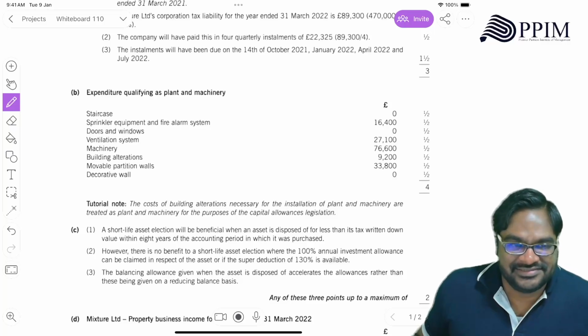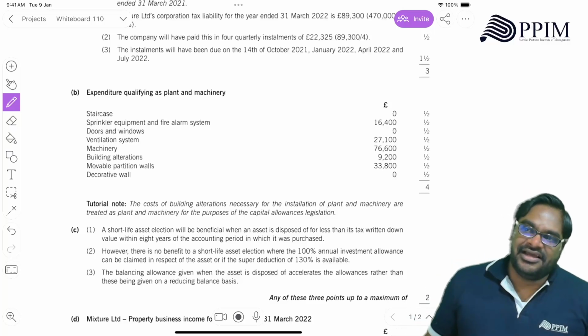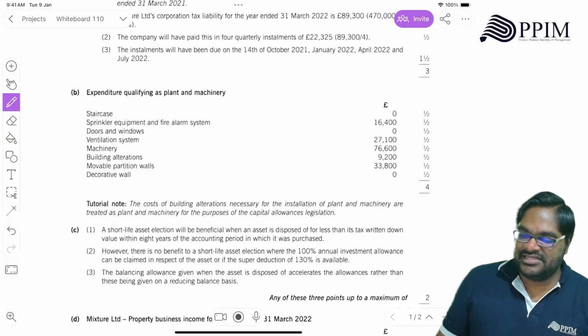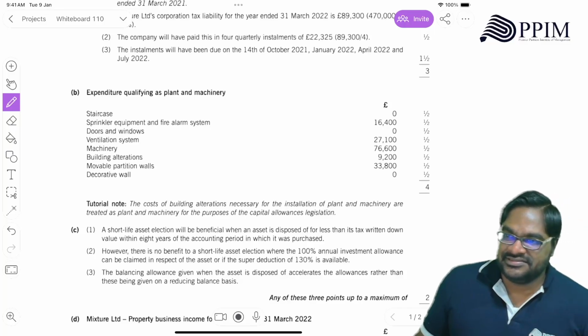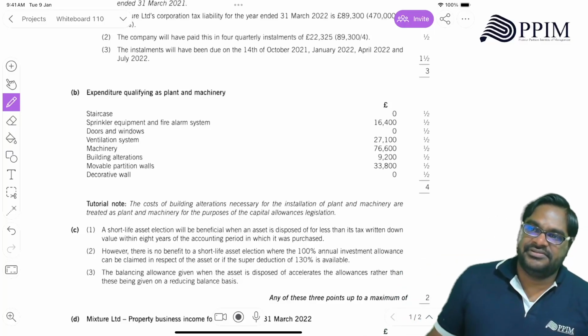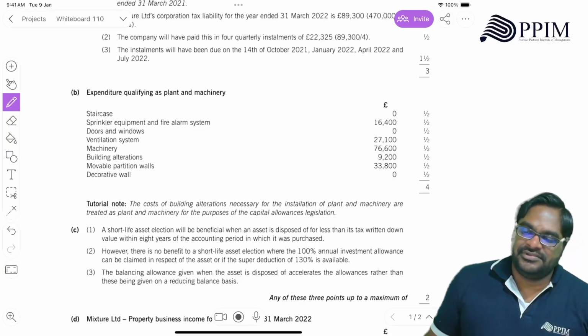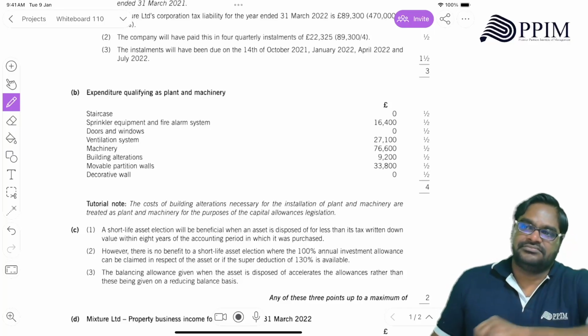Won't be easy like this. It's SBA, structures and buildings. Separate the three assets, no? But still for the first one, only they'll give the mark for 1 mark. That's it. Not for each. Like there are 4 assets and then there are separate assets, no? So like for one asset they'll be giving only 1 mark.